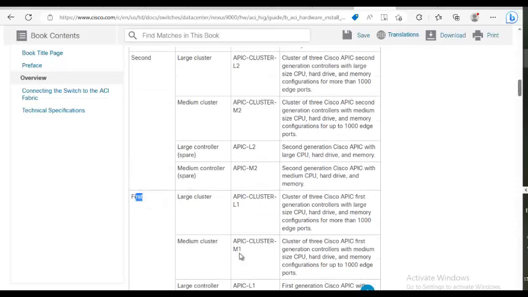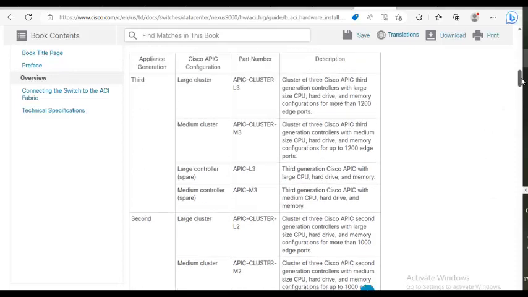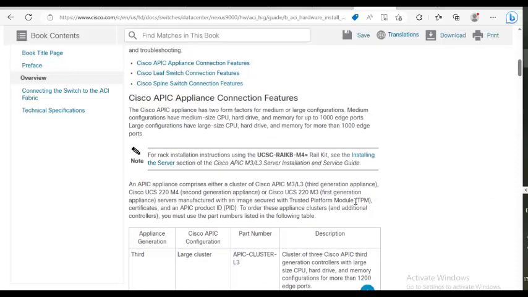First generation M1 or L1, and if you go down or go up, you can see the first generation M1 or L1 is written into Cisco UCS 220 M3 server. Second generation, which is M2 or L2, is written into M4 of UCS.